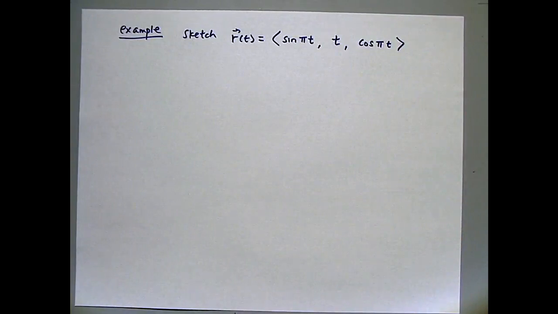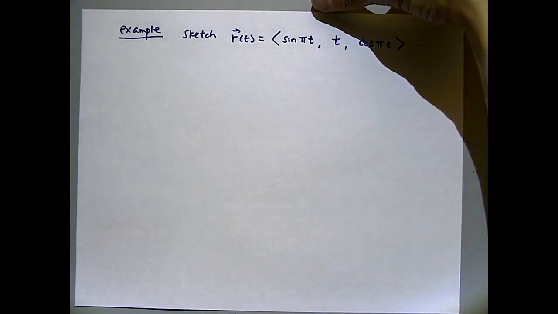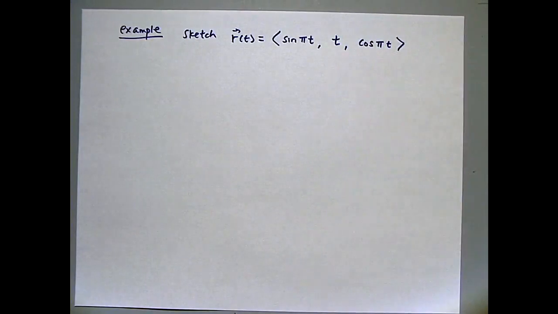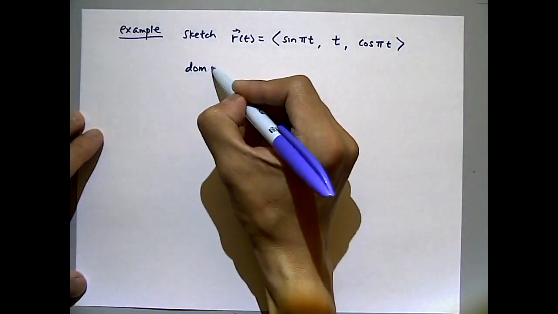All right, the space curve here, the x component is sine of pi t, the y component is t, and the z component is cosine of pi t. And first of all, what's the domain of this function?